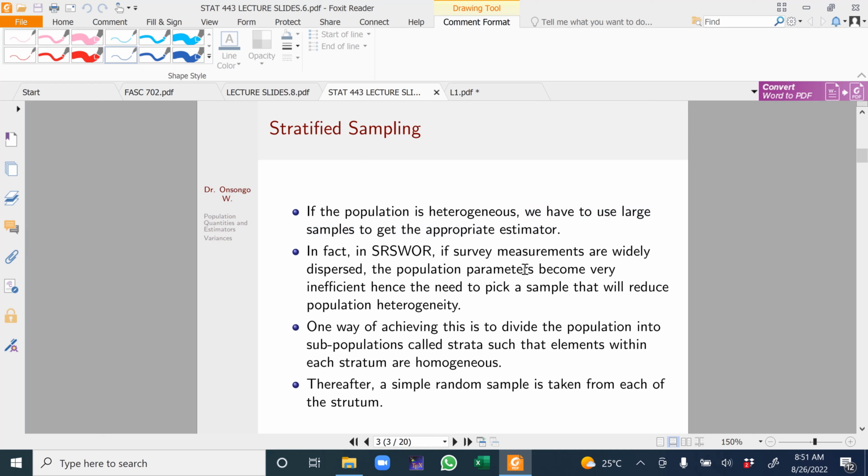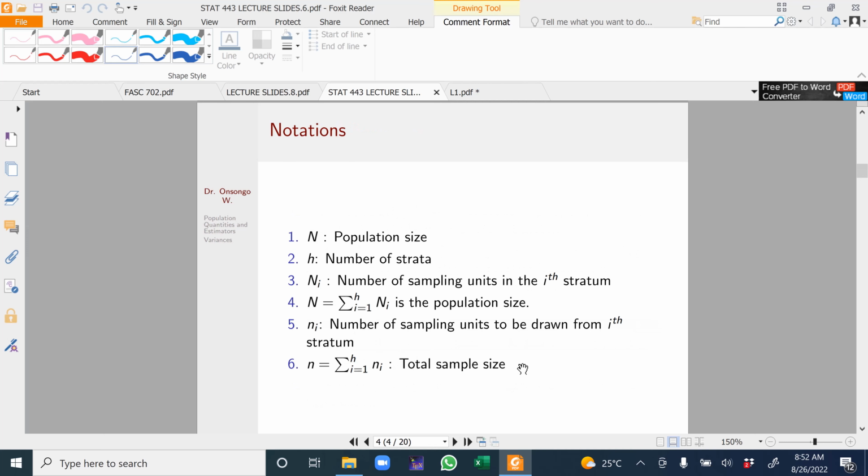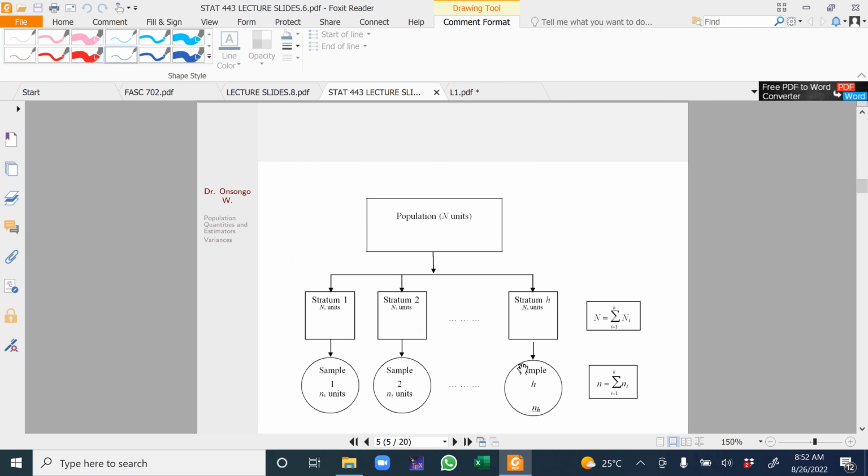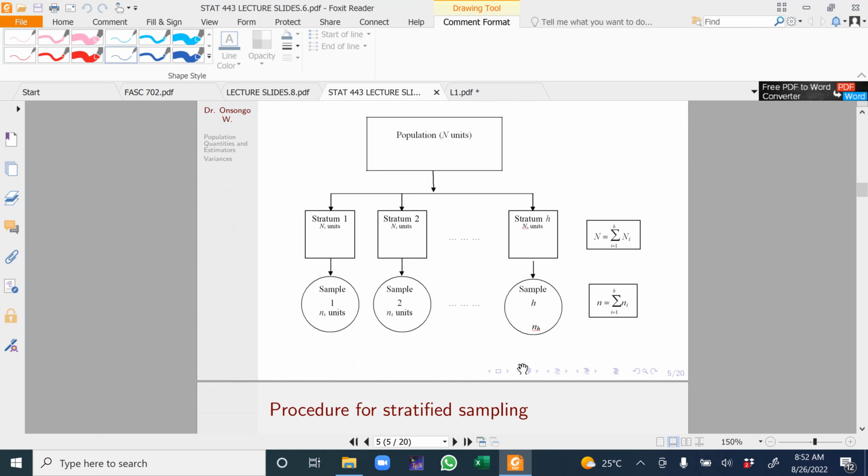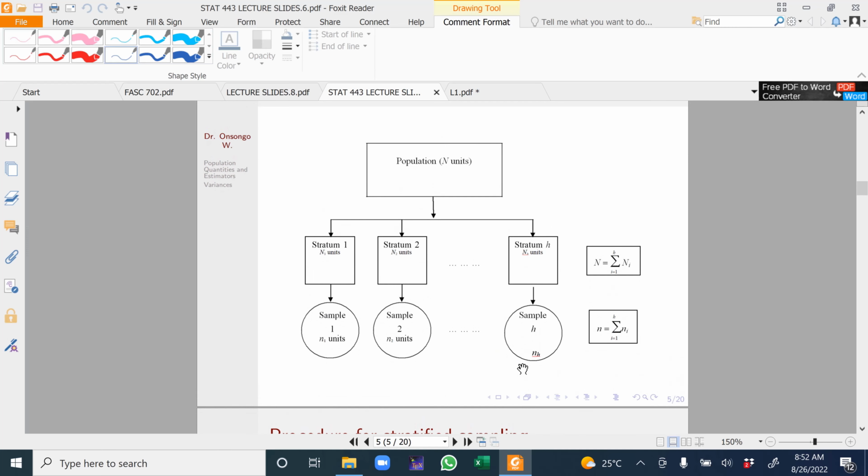But the other alternative is that you can divide your population into smaller subpopulations that are homogeneous in nature, and then from there you can collect the data that you want. This is just a pictorial illustration of that.